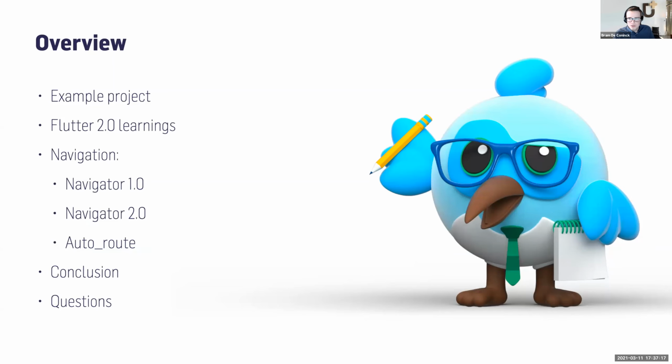Second are my learnings from creating the project using new stuff from Flutter 2.0. Then we're going to talk about the 3 different types of navigation: the original Navigator, Navigator 2.0, and the package we're going to use, AutoRoute. And then at the end, I'll share with you my conclusion, and you'll also have the opportunity to ask questions.